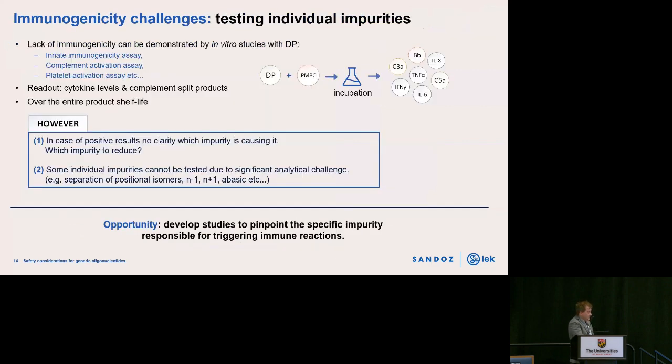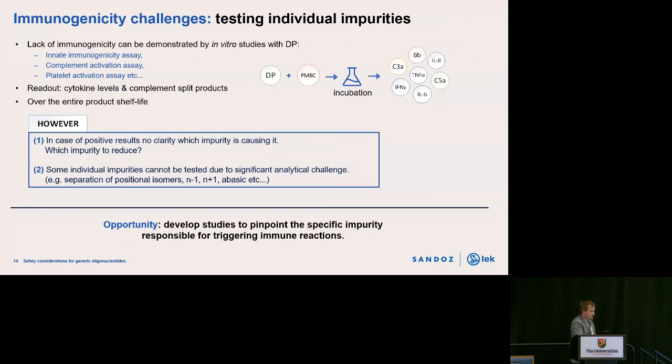Also, let's touch shortly, before I go to the next topic of leachables, on some challenges. So what we can do is similar to peptides. You can demonstrate the lack of immunogenicity by performing in vitro assays with the product. So you take your product, you incubate with PBMC cells, and you measure a panel of cytokines. And you do this over the entire product shelf life.